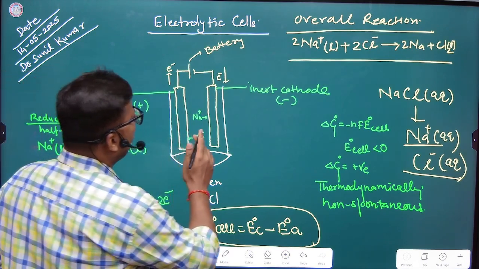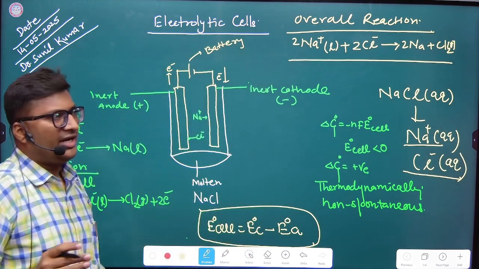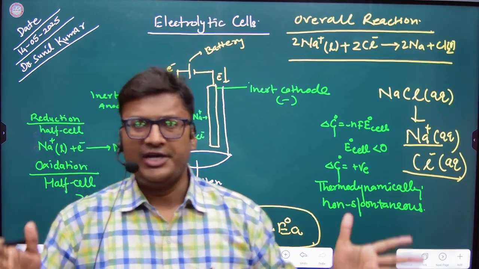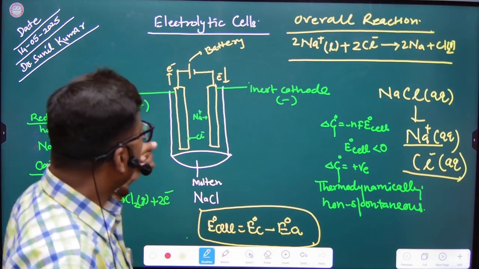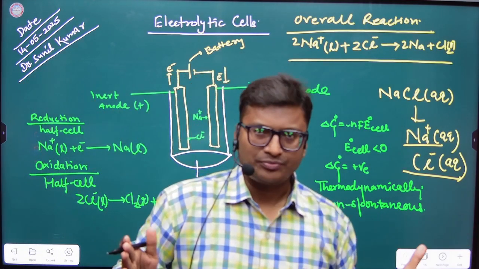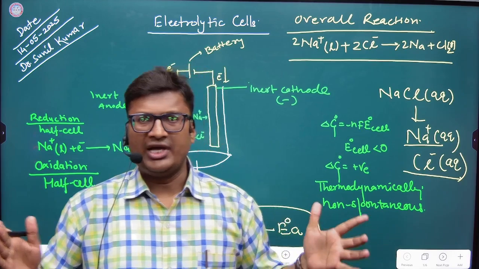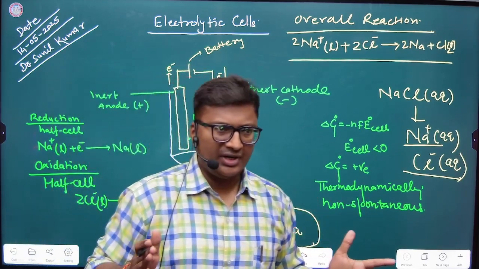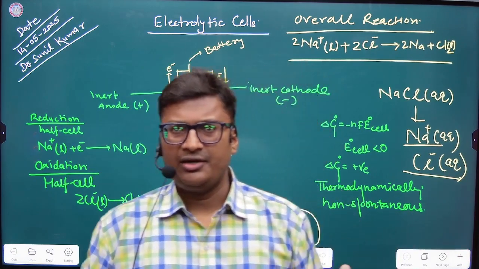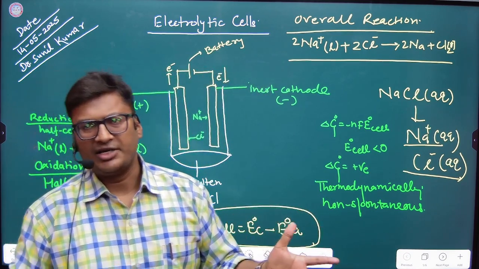So the first thing here is that in an electrolytic cell, the electrolyte has a central role, right? In other words, you can say an electrolytic cell is an electrochemical cell that converts electrical energy into chemical energy, which is the reverse in case of the Daniell or galvanic cell.